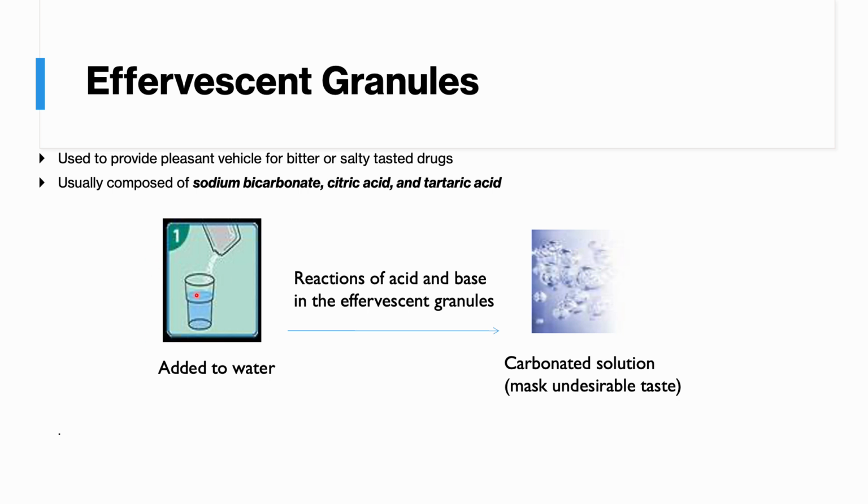The granules will be added to water. Based on the reaction of the acid and the sodium bicarbonate in the water, they will release carbon dioxide in water, and the carbonated solution helps mask the undesirable taste of the drug.